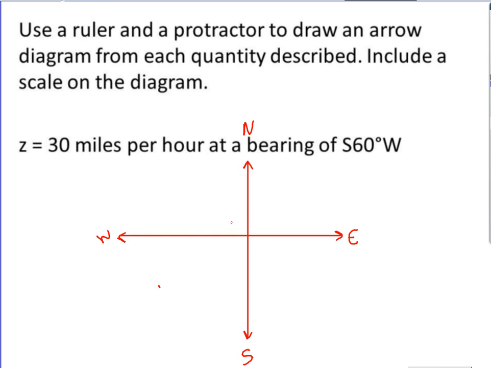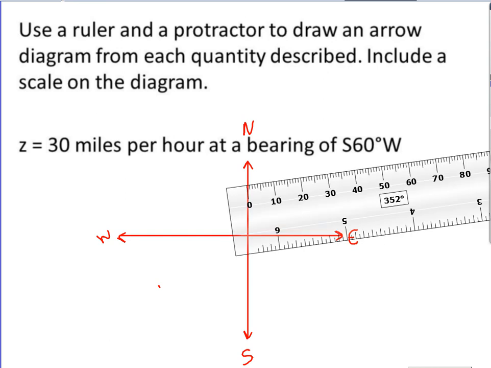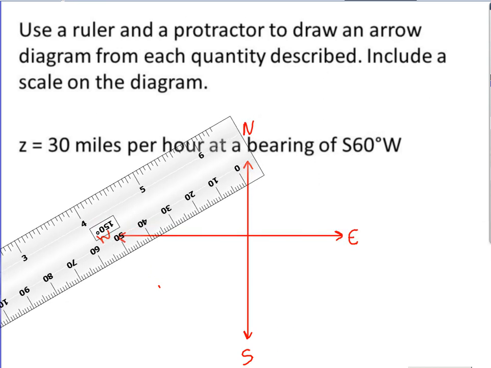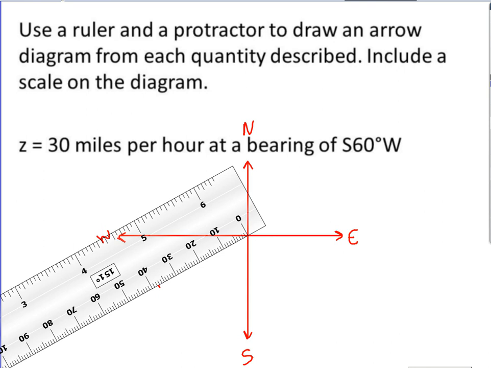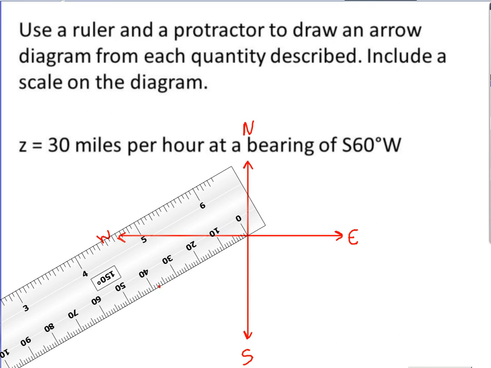Again, you have to come up with a scale. So we're going to get our ruler. We're going to line up the ruler so that 0 is at the origin. We line up our ruler with our mark. And again, we have to come up with a scale. So this time, let's say 1 centimeter is equal to 2 miles per hour.